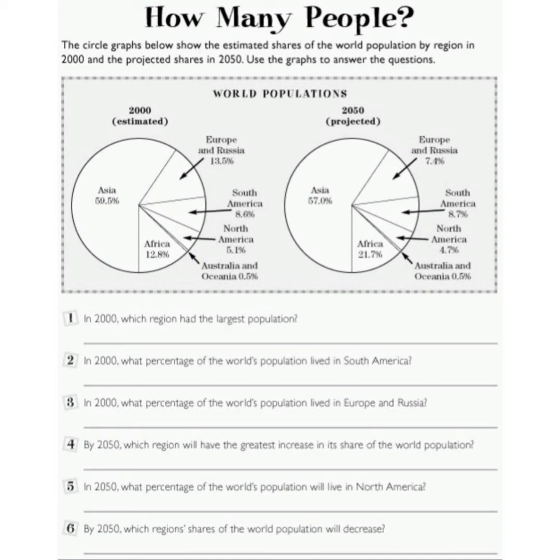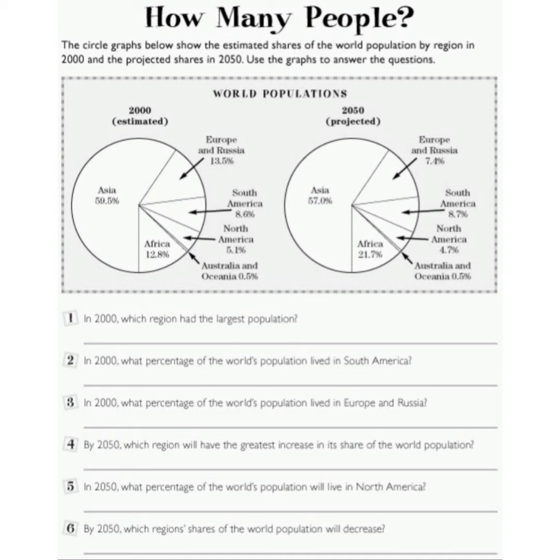So looking at the pie chart here, they want to know who has the largest population. Well, that's pretty obvious here. Looking at the circle graph, you can see who the biggest chunk belongs to.